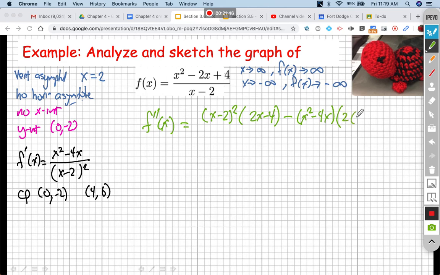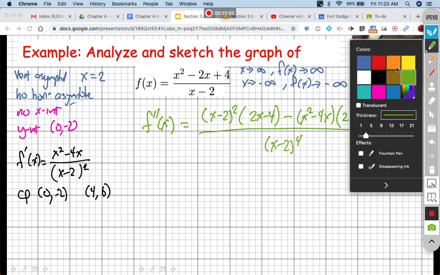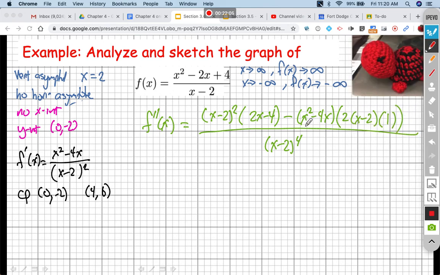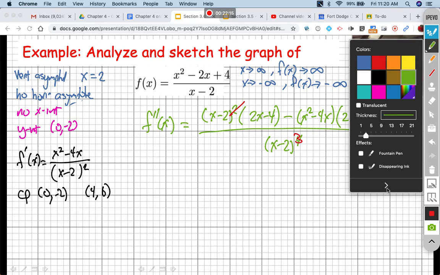So this is going to be 2 times x minus 2 times the derivative of x minus 2. And all of this is going to be over x minus 2 to the 4th power. Now, I do have a common x minus 2. So that can help me right off the bat make things a little smaller as I go through here.